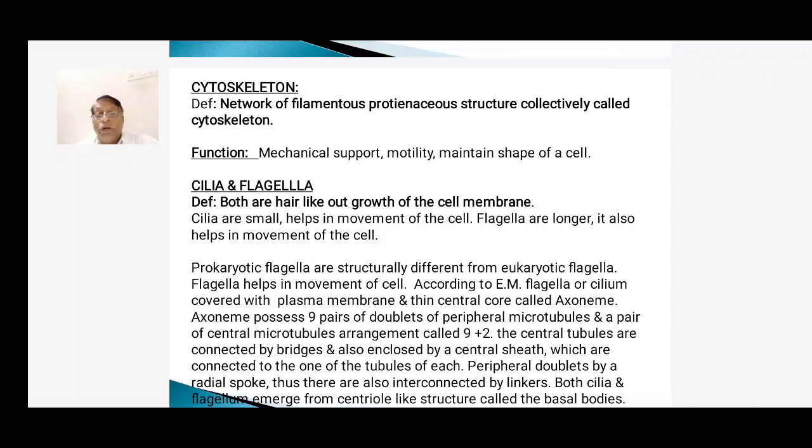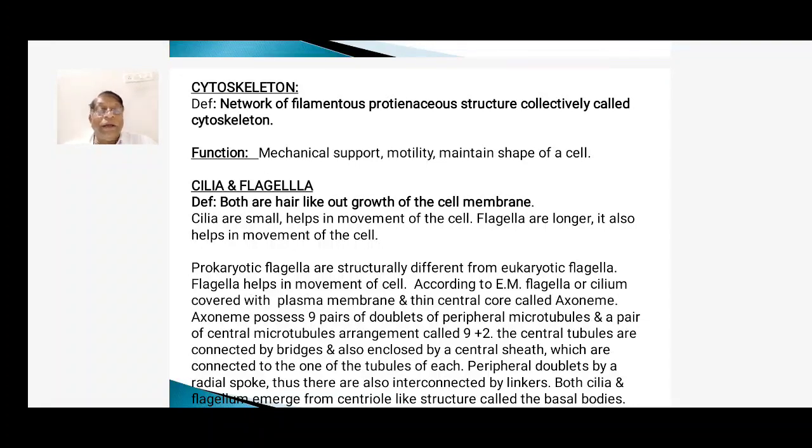1, 2, 3, 4, 5, 6, 7, 8, 9. 9 pairs means 2 each. Possess 9 pairs of doublets. Doublet means 2. Peripheral microtubules and a pair of central microtubules.